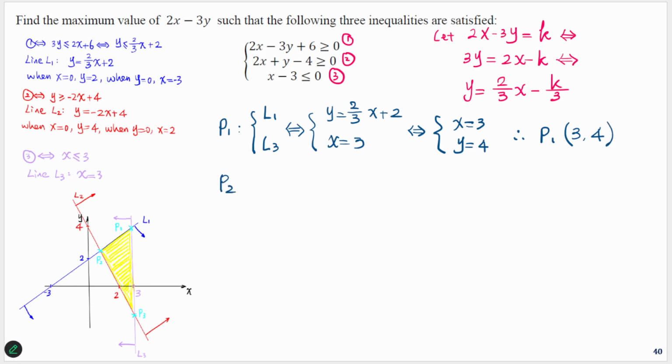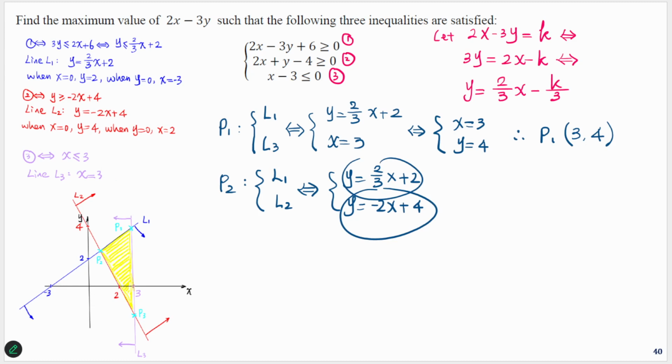And similarly, using the same method, we can find the coordinates for P2, which is the point of intersection between L1 and L2, right? Here are their equations. y equals 2/3 of x plus 2. The equation for L2 is y equals negative 2x plus 4, right? Solve this system of equations. What are x and y here? Tell me what the coordinates for P2 are.